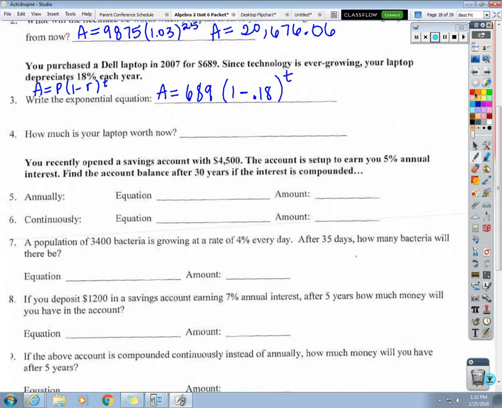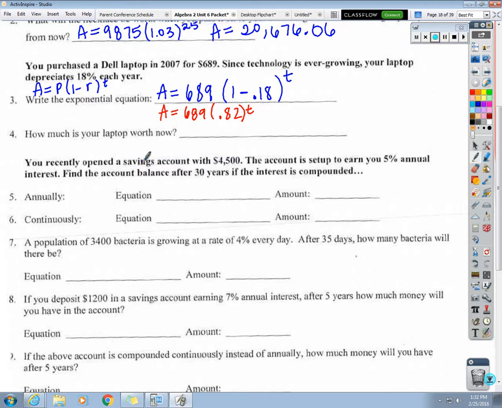Now, how else could I have written that equation? What could you have rewritten that as? 0.82. Okay, so they want to know how much is your laptop now. So what would we do? The current year.